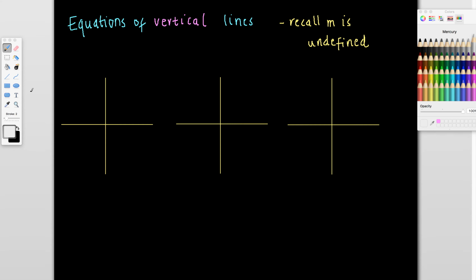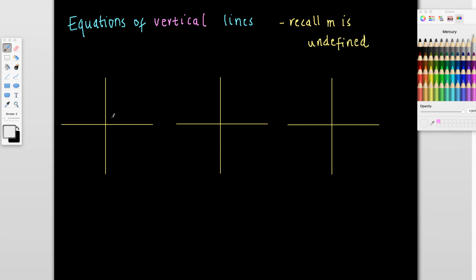So we're not going to write these equations in the form that I was talking about before, the gradient-intercept form, because it doesn't have a gradient, and unless the vertical line is actually sitting right on top of the y-axis, it's also not going to have a y-intercept.